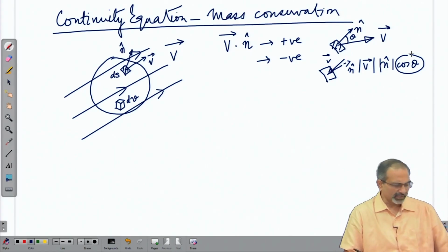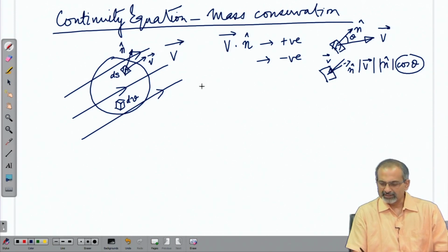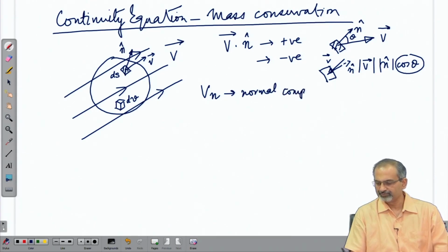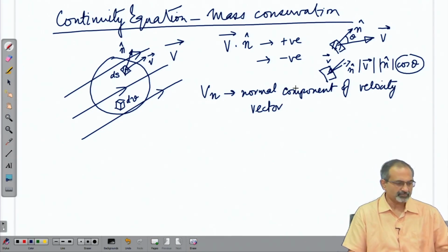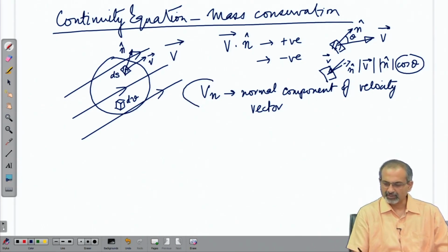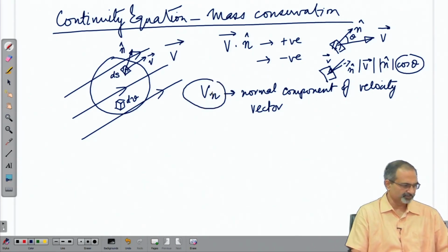Now, when we look at the dot product, it essentially gives rise to the normal component of the velocity vector. So, you can call it by the name V n, for example.